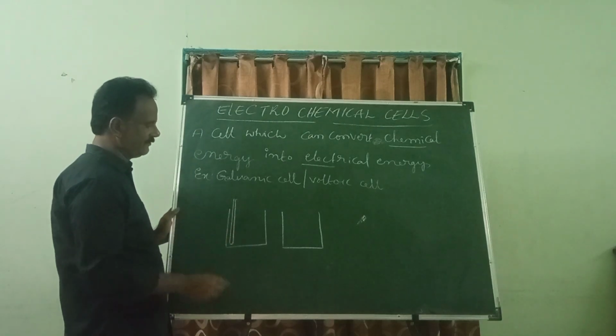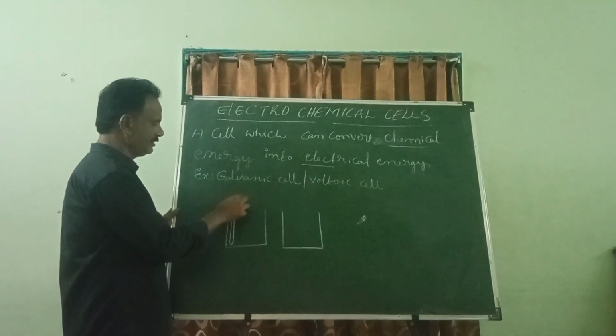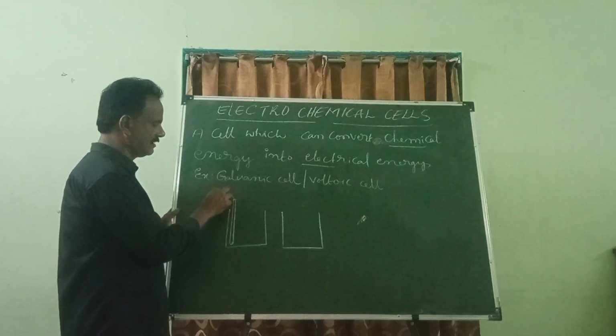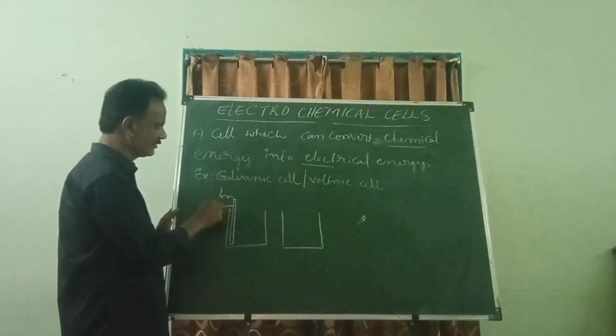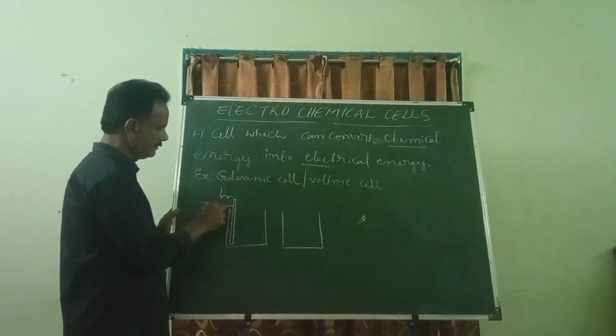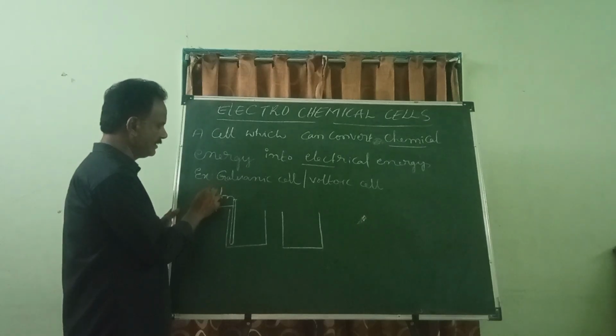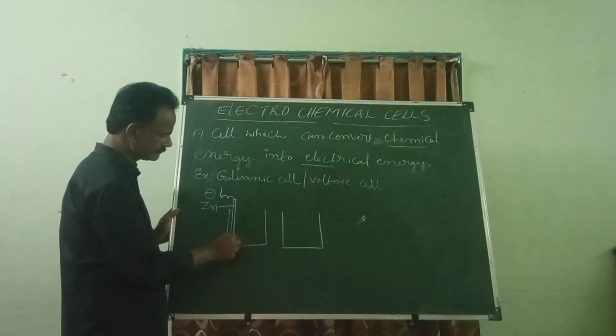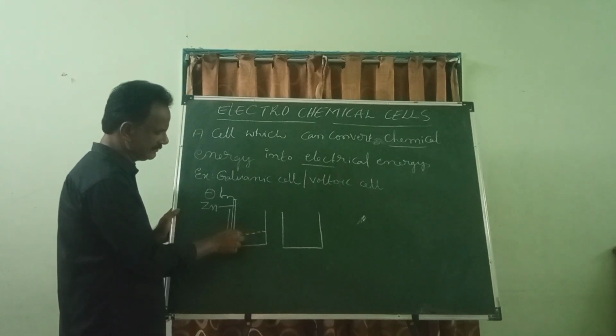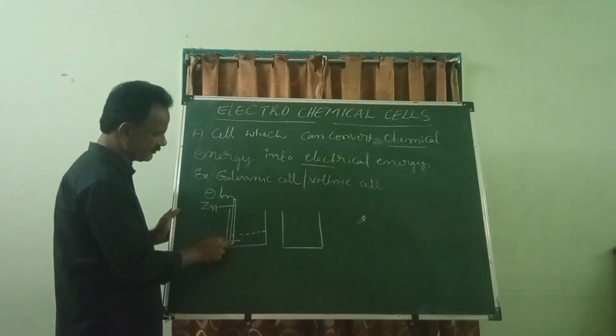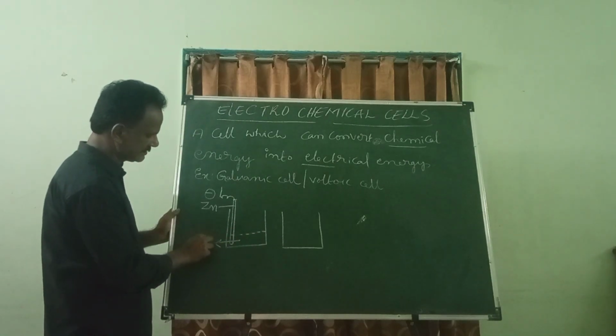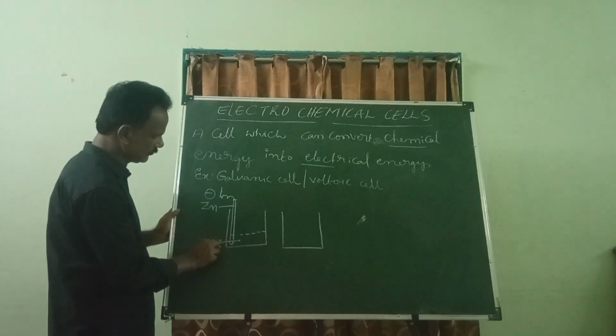In case of galvanic cell, the anodic half cell consists of zinc anode and it is immersed in 1M ZnSO4 solution which consists of Zn2+ ions.